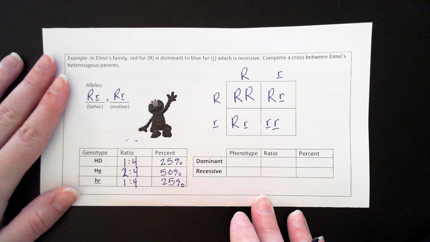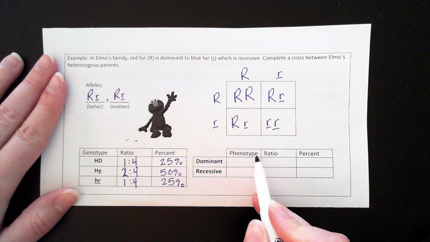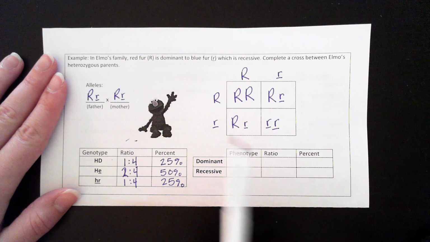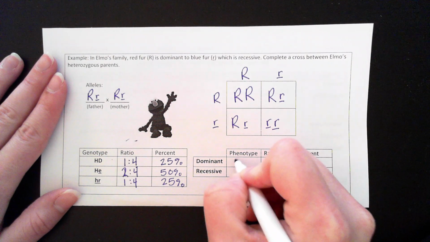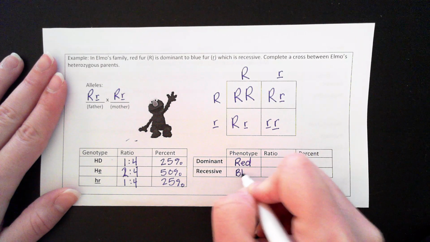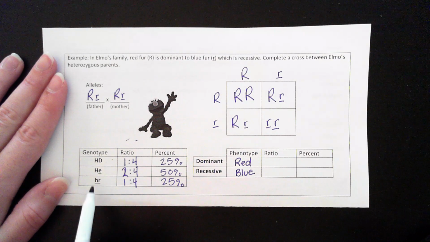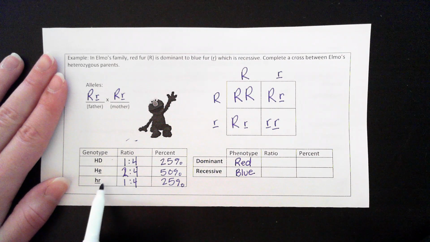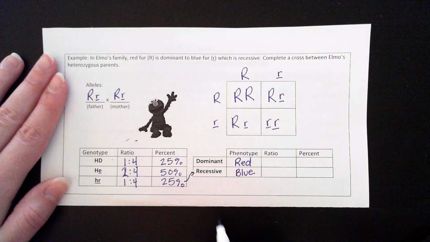For the second half of the box, we need to put the phenotype. So the phenotype is what the appearance is, the physical appearance. And we know that the dominant is red fur. And the recessive is blue. What I like to do is I know that whatever my HR number is going to be the same as my recessive.